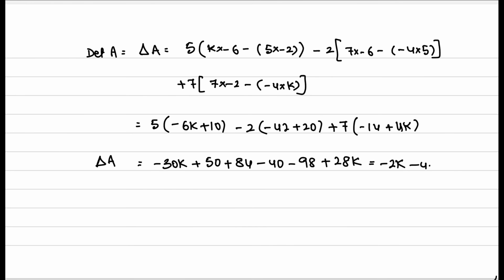That means, what is the value of delta A? That is, determinant of A is equal to minus 2k minus 4. This is what we have got.